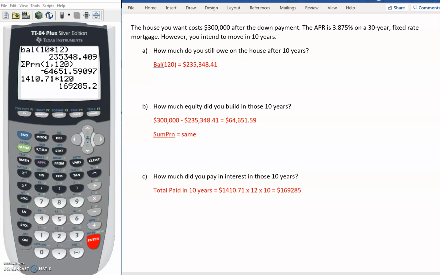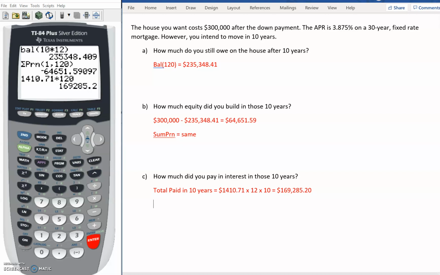So we might get something slightly different when we use the function. But assuming that our rounded value for monthly payment was correct, here's how much we paid in total: $169,000. Notice that we did not subtract $169,000 from the original loan amount, right? A lot of that total payment went toward interest.